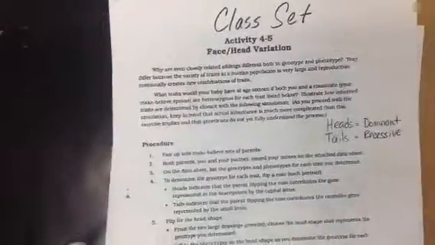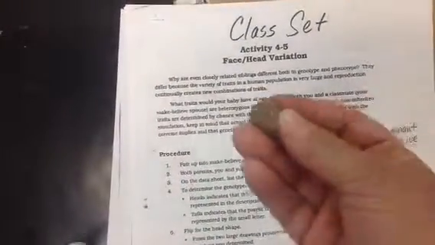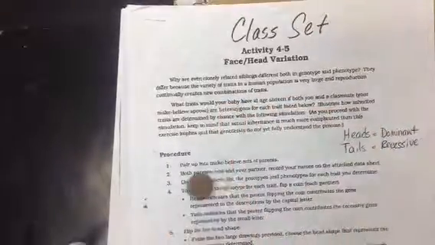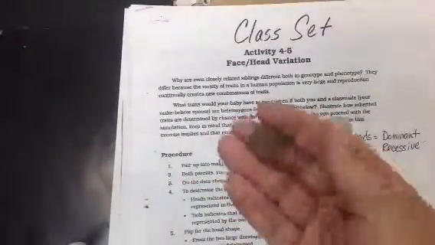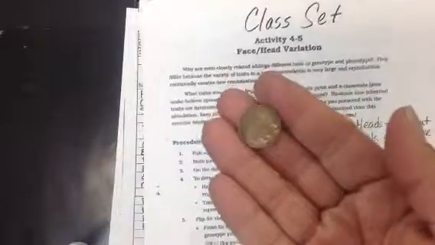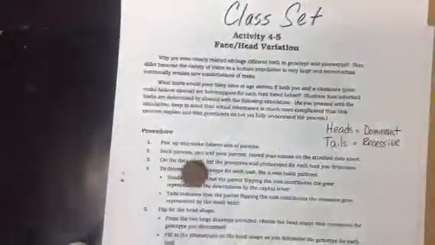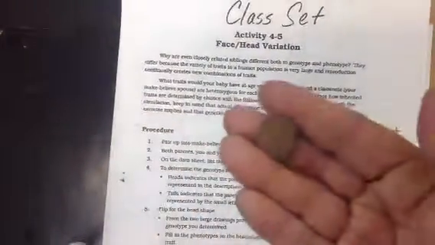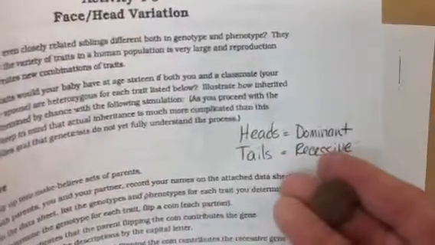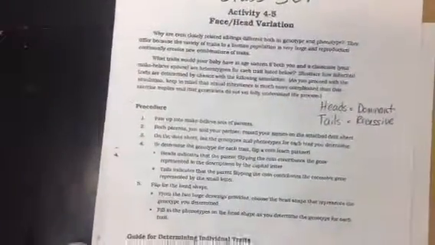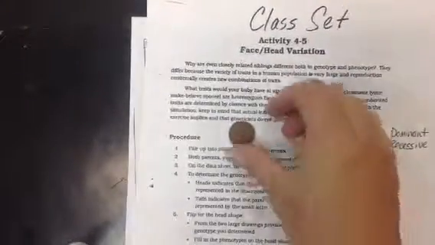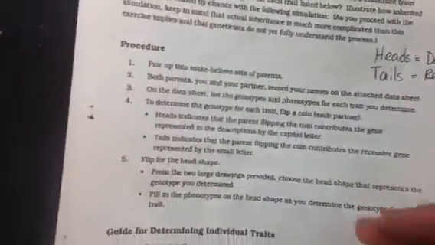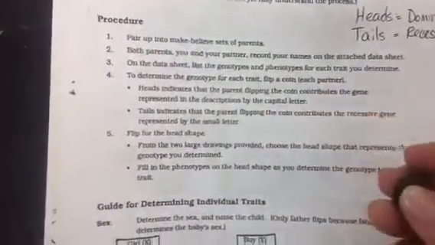Okay, so that means that for each trait, I'm going to take a coin and flip it, and depending on how it lands, that will tell me if I have dominant or recessive. So if I flip the coin and it is heads, then I have a dominant trait. But if I flip the coin, there it is, and it's tails, then I'm going to have the recessive trait. Okay? Recessive is the little letter and dominant is the big letter, capital letter.